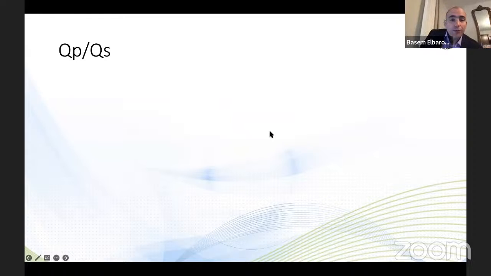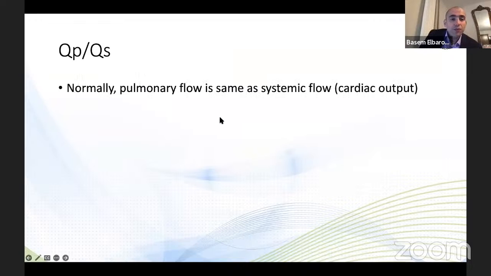All right. So now it's going to get really confusing. Okay. So now we're going to do QPQS. So QPQS is a measurement of what's the flow in the lung circulation, or pulmonary circulation, compared to the systemic circulation. Okay, so normally the pulmonary flow is same as the systemic flow.